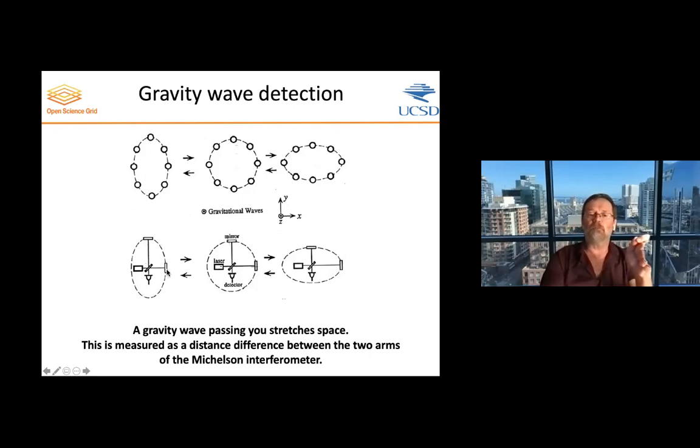Because what you're measuring when the wave goes by is that this distance gets squashed, this distance gets elongated, and then a moment later they're the same, and a moment later this is squashed and this is elongated. And that pattern is the pattern that you ultimately see.